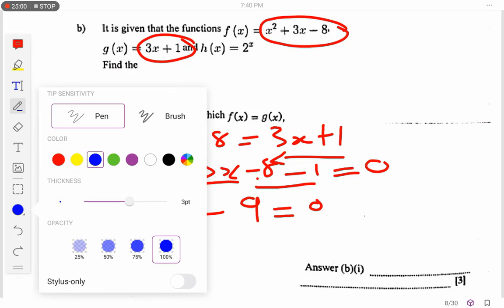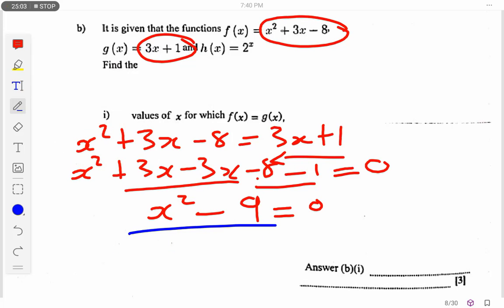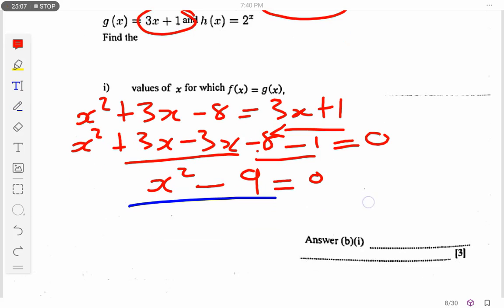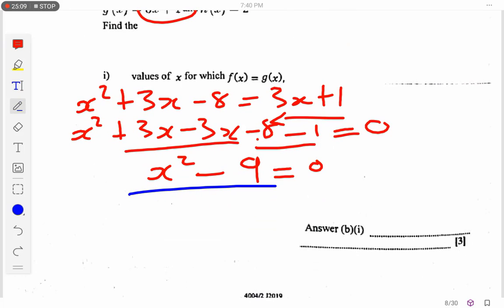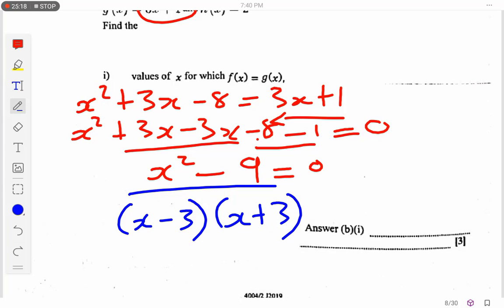Then at this point, we have a perfect square. So when we have a perfect square, we get x minus 3 and x plus 3 as our factors.